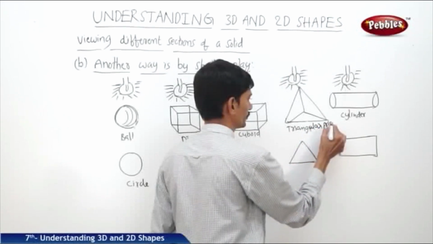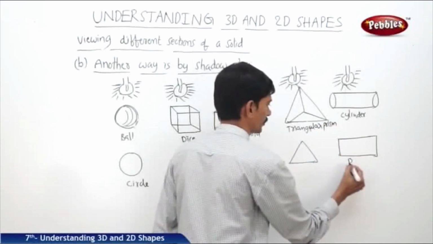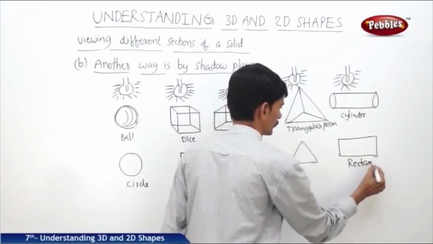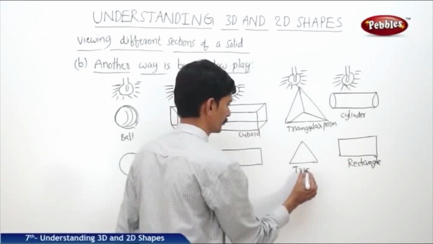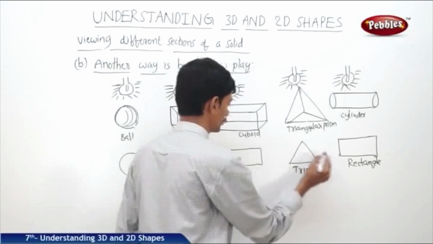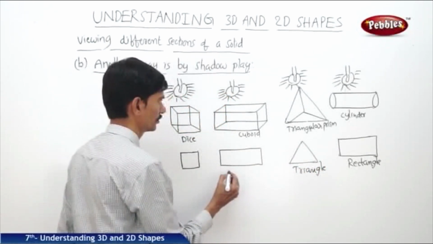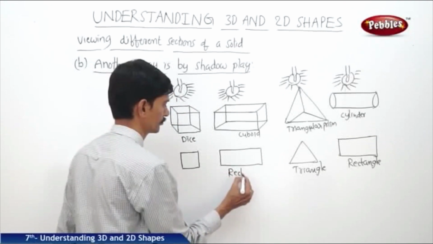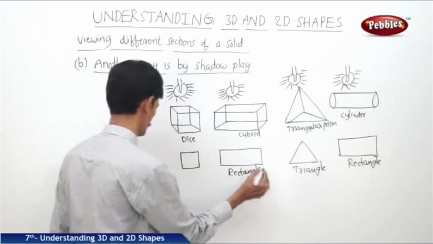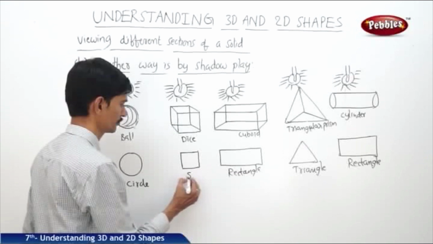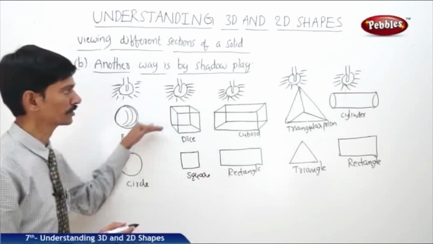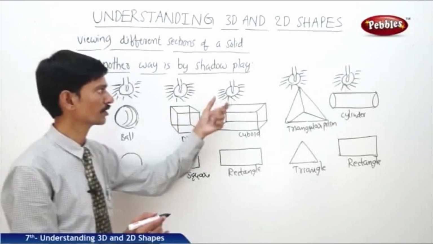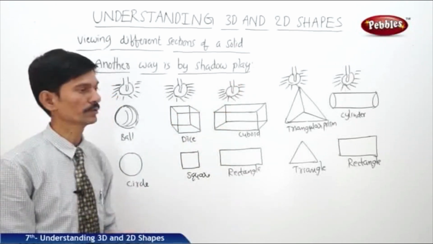So this is a triangular prism, so this is a rectangle, and this is a triangle. So this is also a rectangle, and this is a square. So these are the shadows of the different solid objects when they are kept in front of the torchlight or any bulb.